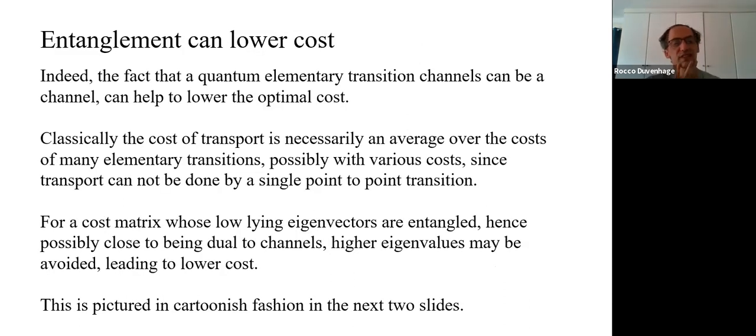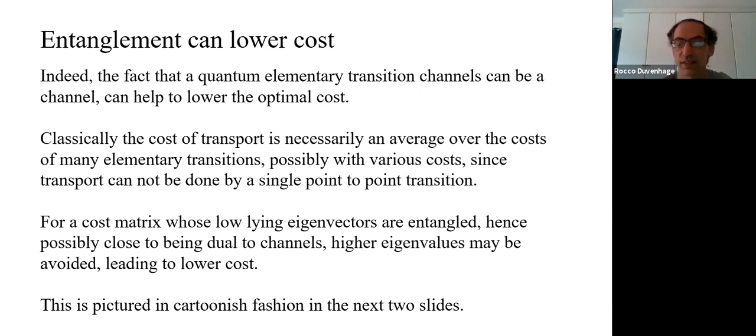And because of this, there's potential for entanglement to lower cost. If you can use fewer elementary transitions with low cost, then you can, in principle, attain lower cost in the quantum case as opposed to the classical case, where you necessarily need many elementary transitions, and it's more difficult to avoid expensive elementary transitions.